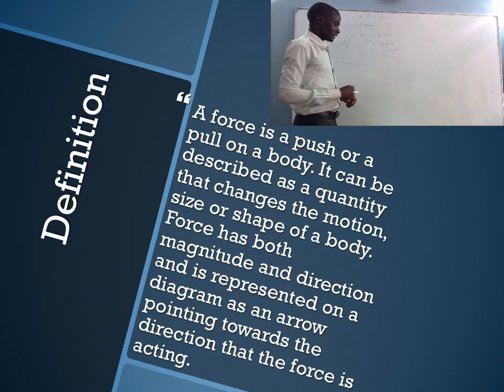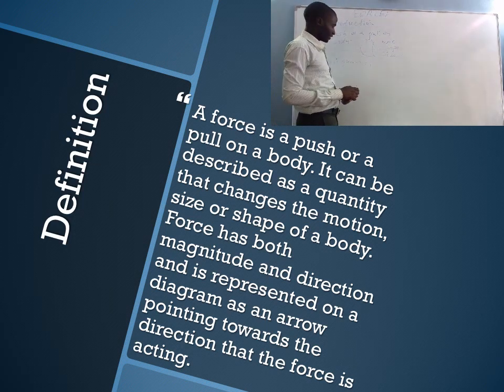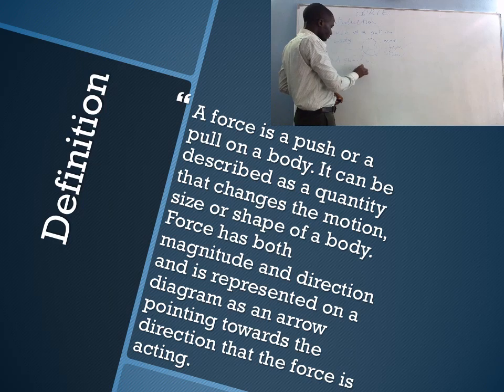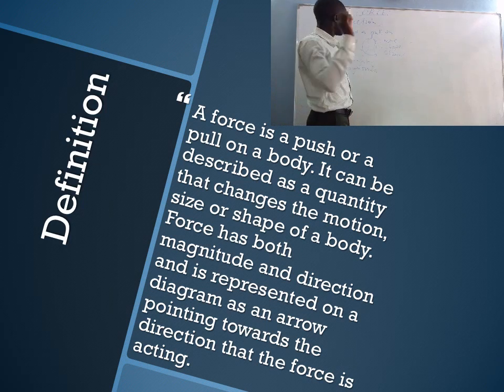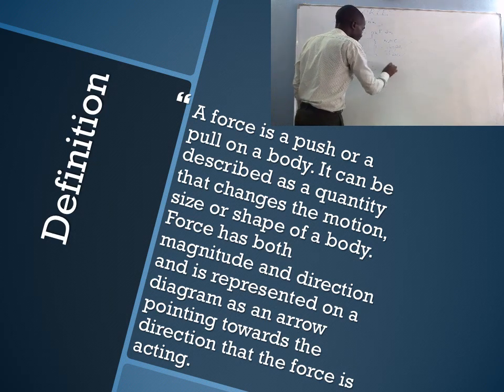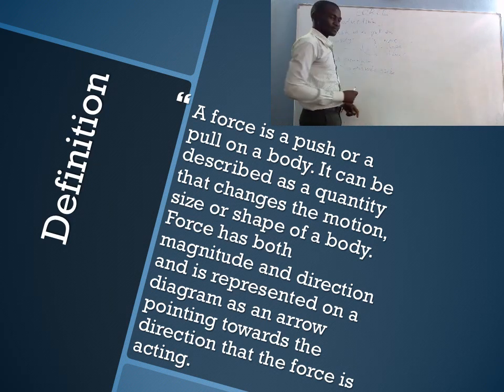Diagrammatically, a force, when represented on a drawing, has a magnitude. The magnitude of the force is the size of that particular force, how big or how small that force is.